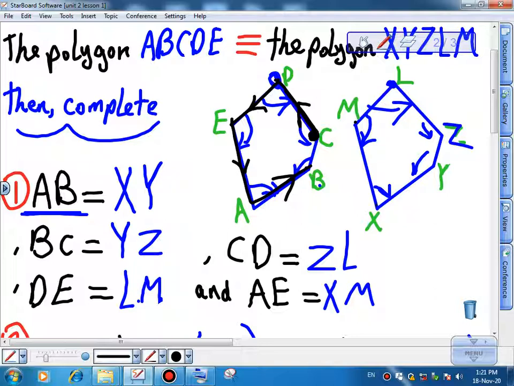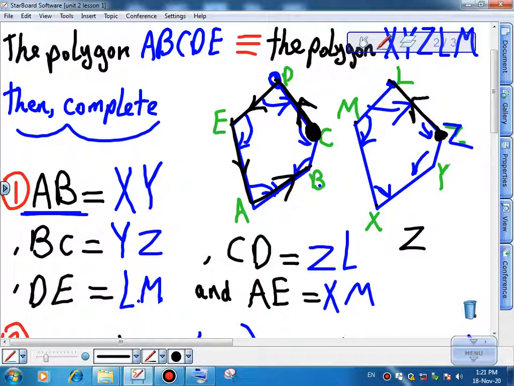Start from X? No. We start from the corresponding vertex with C, which is Z. We start from Z. You will put Z. Okay? Do we go up or go down? We go up. So we start from the vertex Z and go up.